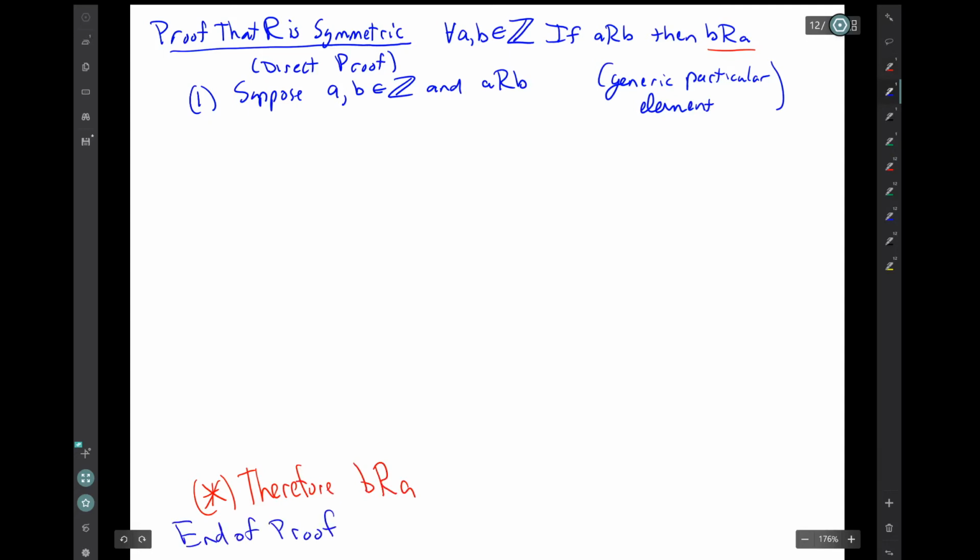Okay, well look, we have some defined expressions. A is related to B is a defined expression. B is related to A is a defined expression. So we have no choice about what has to come after step 1, and we have no choice about what has to come before the final step.